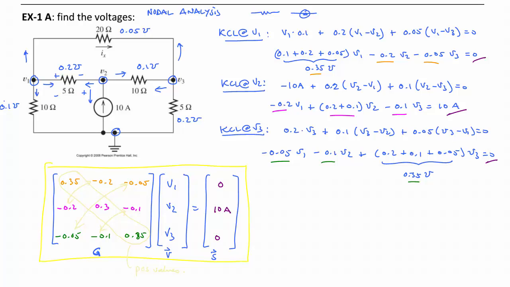See that? Minus 0.2, minus 0.2, minus 0.05, minus 0.05, and minus 0.1, minus 0.1. Now that won't always work out, but in this kind of problem where there's just resistors and independent current sources, you will have that kind of symmetry, and so you can actually check your work that way.